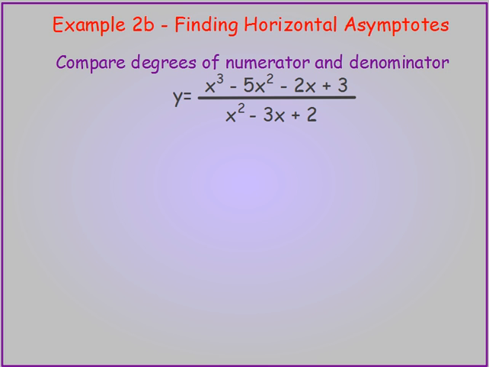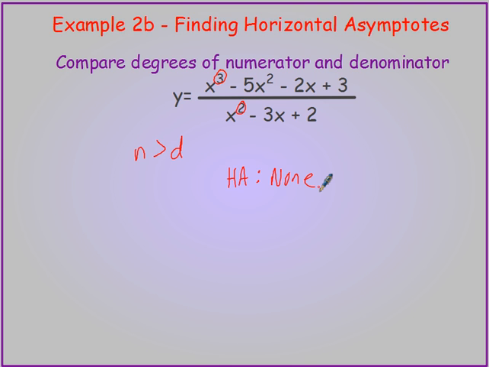What's the degree of the top? What's the degree of the bottom? So the numerator is larger than the denominator. So according to your rules, the HA is none. There is no HA. Okay? There is no horizontal asymptote.